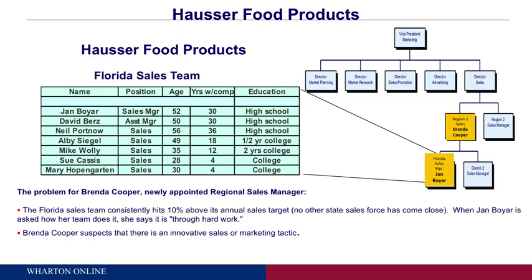That being said, what's striking to me as we look at the education column, and then the left column just to the left of that on the years with the company, Jan Boyar has been there for 30 years and runs the best sales team in the company, actually in the whole company, not just the region. And yet she's never been promoted.